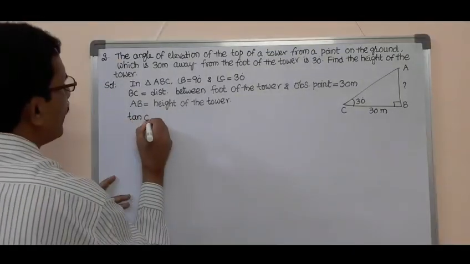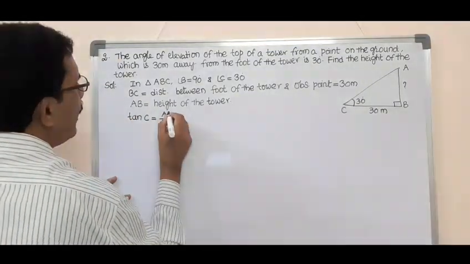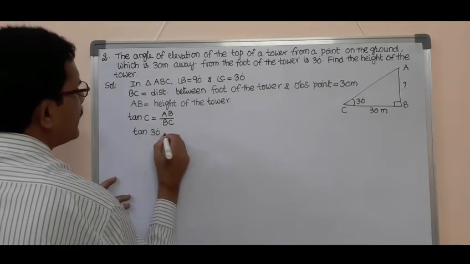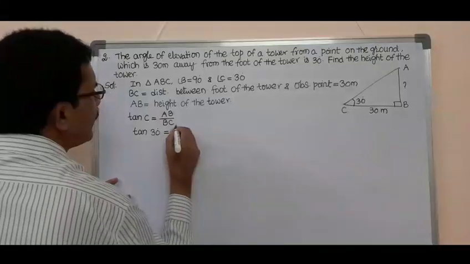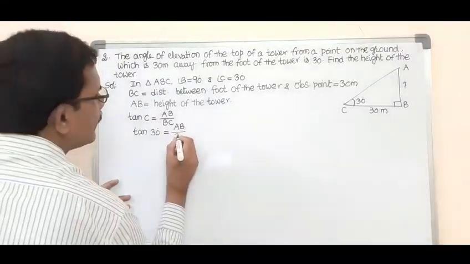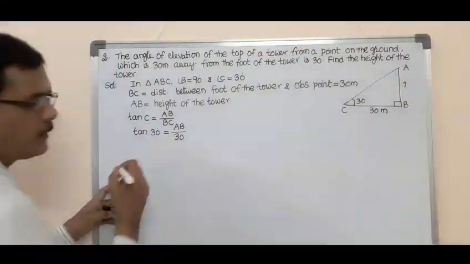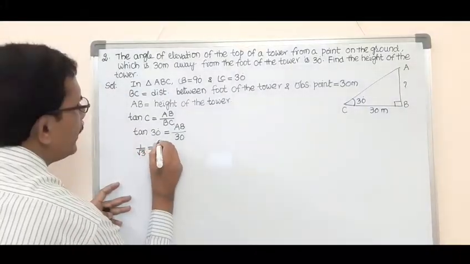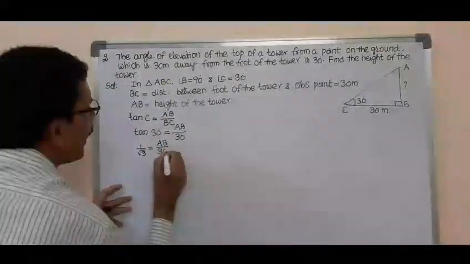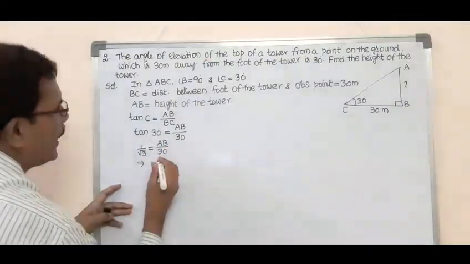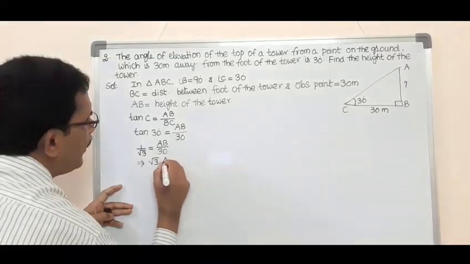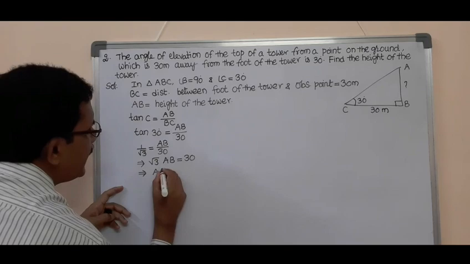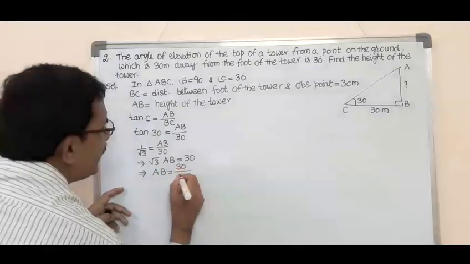Tan C is equal to AB by BC. Tan 30 degrees is equal to AB, the length we need to find, by BC, that is 30. Tan 30 value from the table, that is 1 by root 3, is equal to AB by 30, implies, by cross multiplication, root 3 AB is equal to 30, implies AB is equal to 30 by root 3.